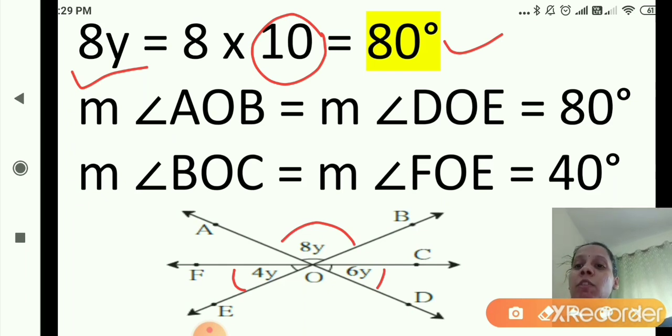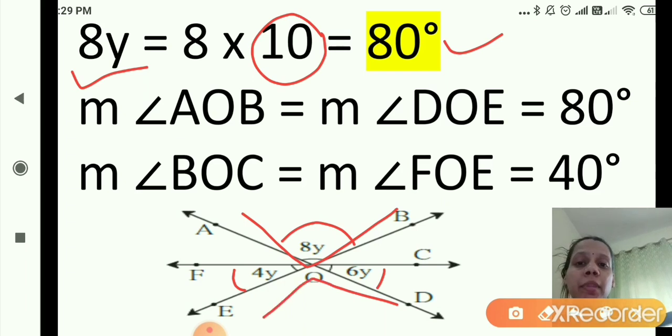Now measure of angle AOB is equal to measure of angle DOE. Where is AOB? As you can see here, this is AOB, equal to measure of angle DOE. Why are they equal? Tell me the reason why they are equal. They are vertically opposite angles. You have studied about vertically opposite angles.